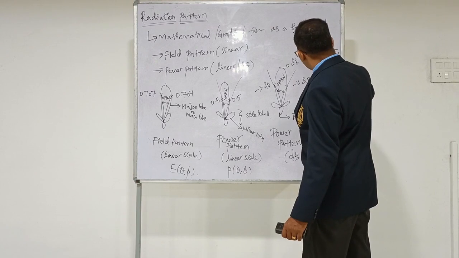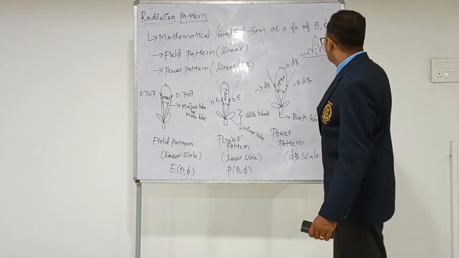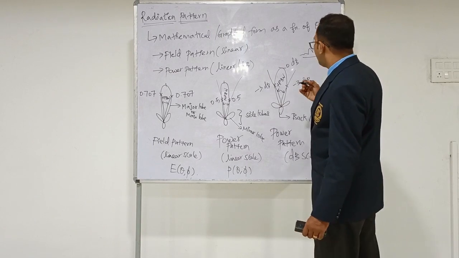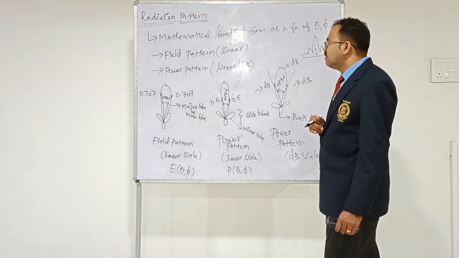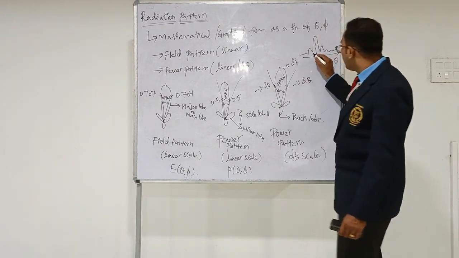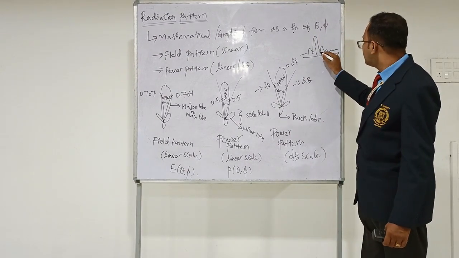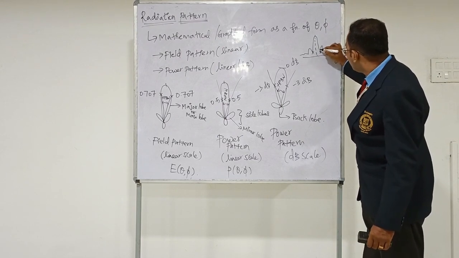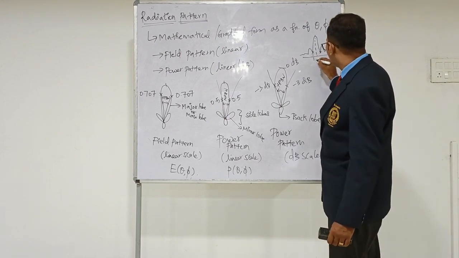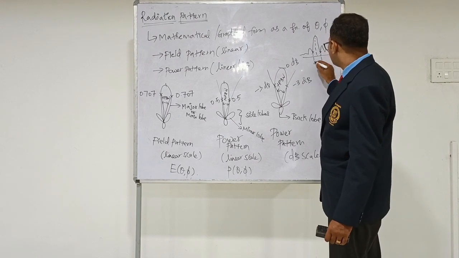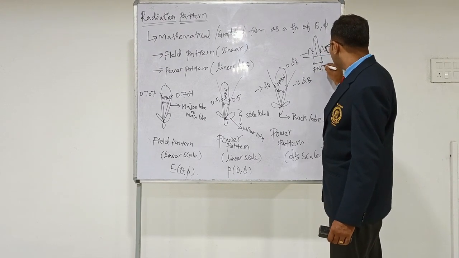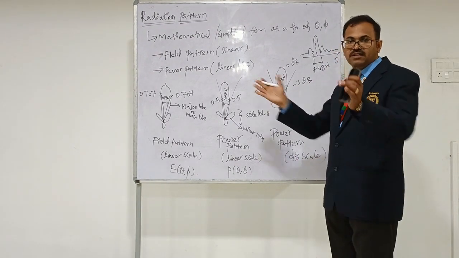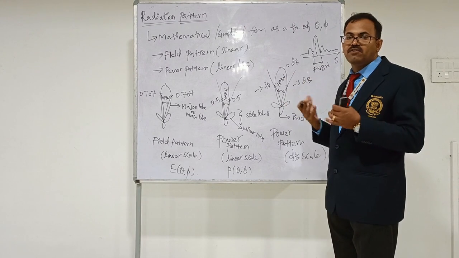So this is your maxima, and this is your side lobe. How can I define another parameter called first null beamwidth? These are the points where you have your null. This is nothing but the first null beamwidth: the angular separation between the directions in which your antenna is not radiating any power at all.